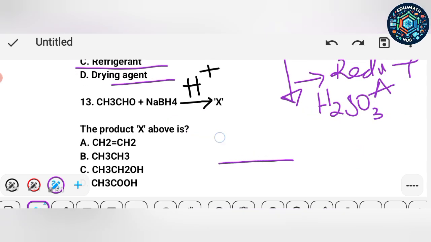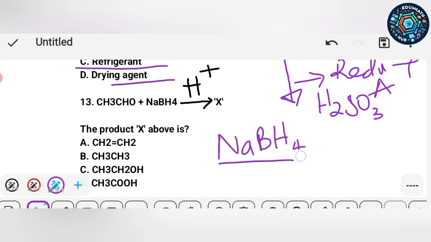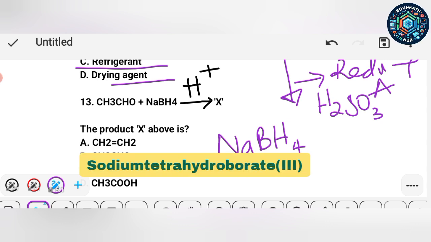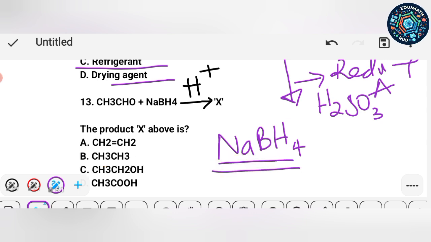The first thing to note is this compound here, NaBH4. This compound is a very strong reducing agent, and it has a name. It is called sodium borohydride, or you can call it sodium tetrahydroborate(III). It's a very strong reducing agent, and it can be used to reduce different compounds.